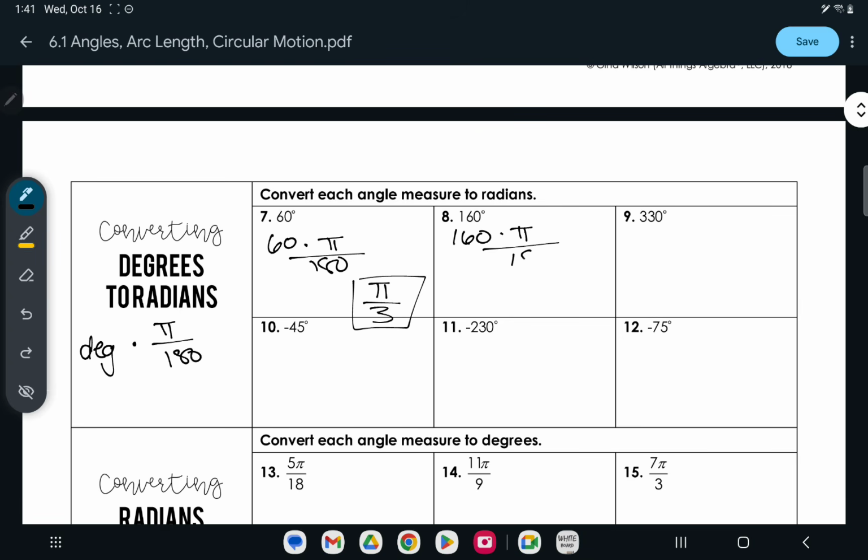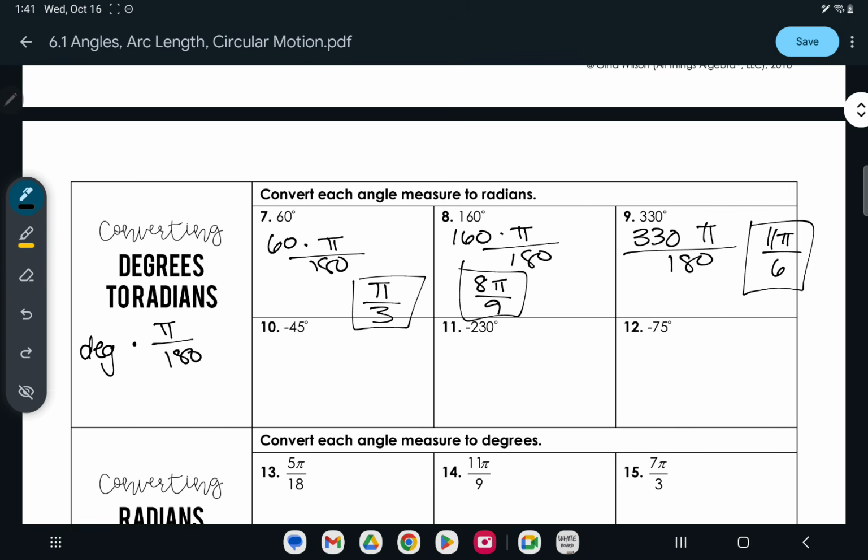Next, 160 times pi over 180, and we reduce to give 8 pi over 9. Then 330 pi over 180, which we reduce to 11 pi over 6.